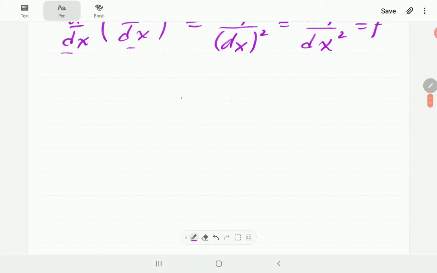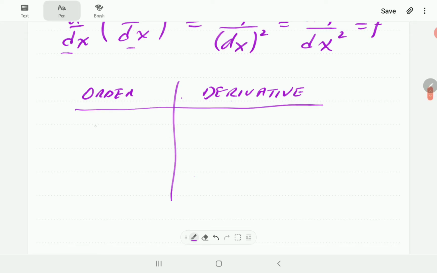I'm going to set out a table here for the other derivatives. On the one column we're going to have the order, and on this column we're going to show the notation for that derivative. Already we've seen that for second order we have d squared f over dx squared.